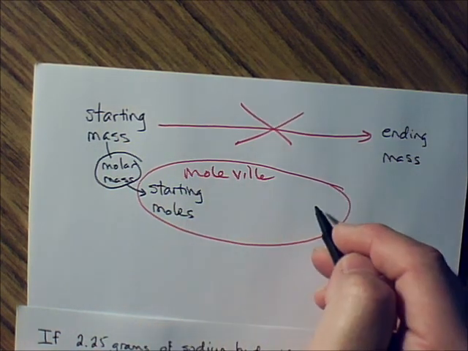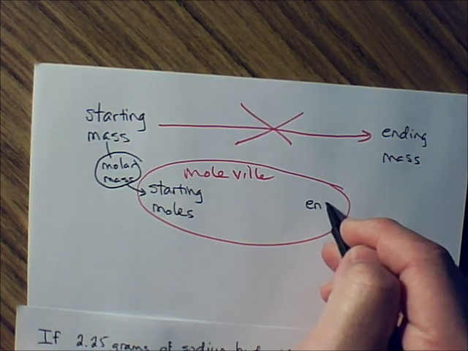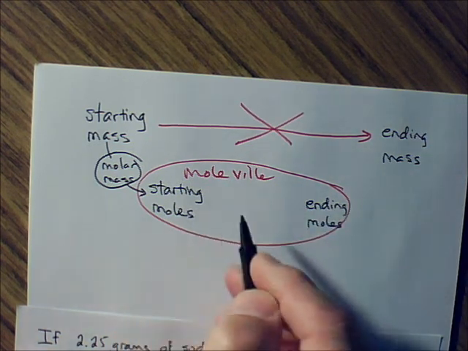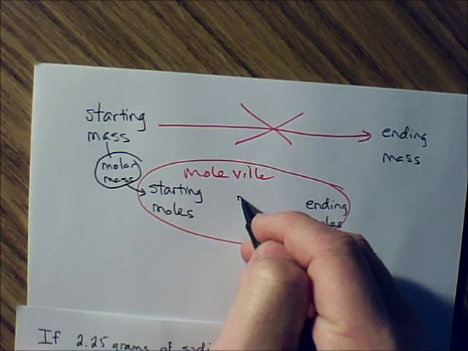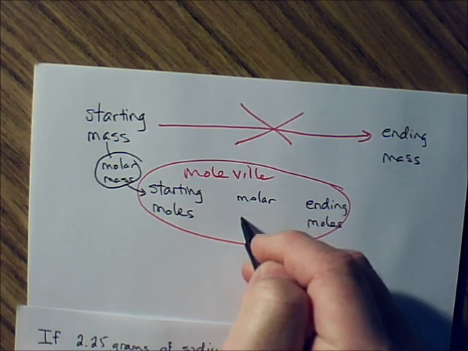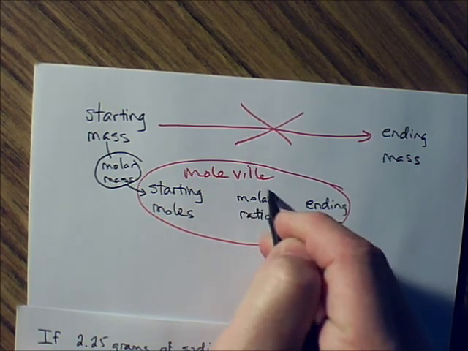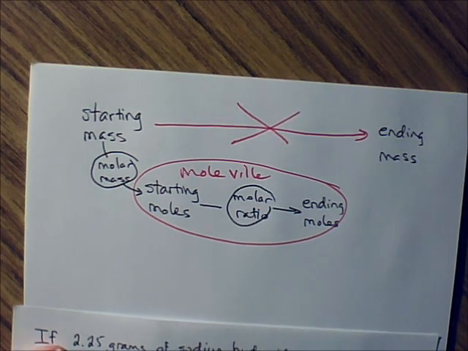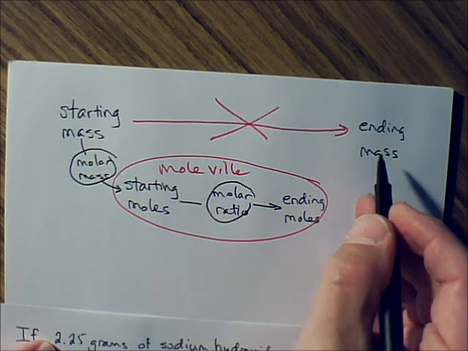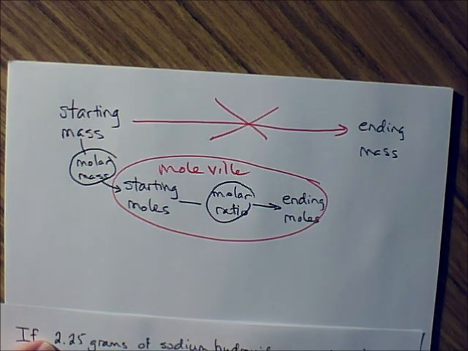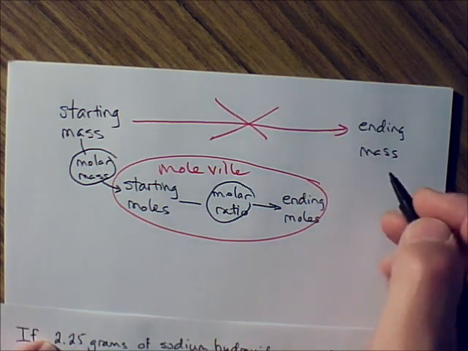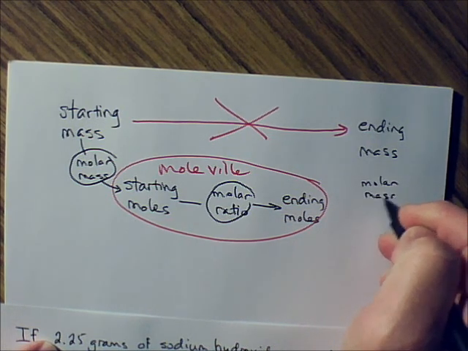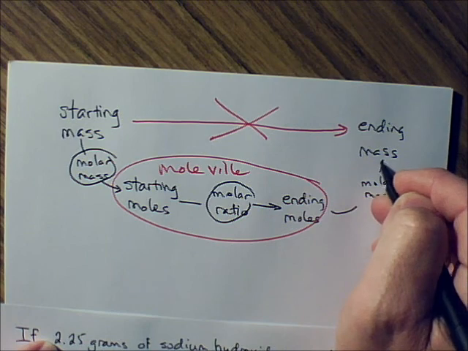From starting moles, you want to get to ending moles. And to get from starting moles to ending moles, you go through a molar ratio. Then from ending moles to mass, anytime you go from mass to moles or back again, you always go through molar mass. So we have a different molar mass, but you're going through the molar mass to get from here to here.